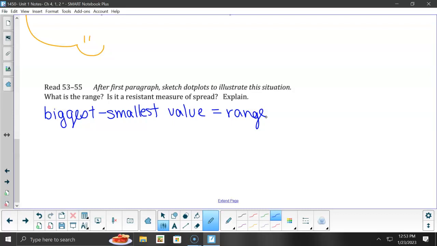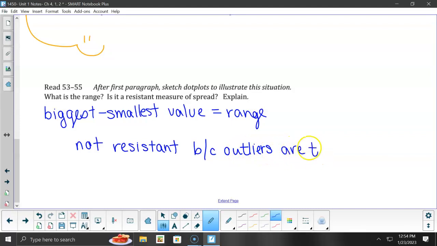One of the outliers is typically going to be either the biggest or the smallest. So, not resistant, because outliers are typically the biggest or the smallest.